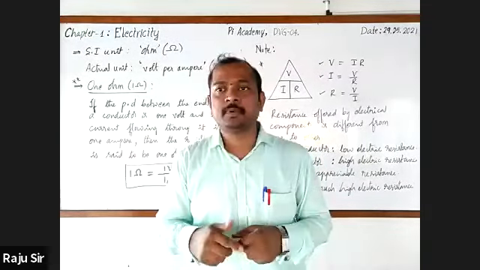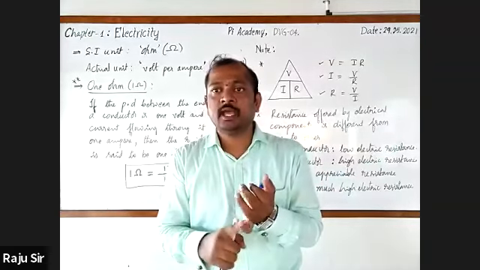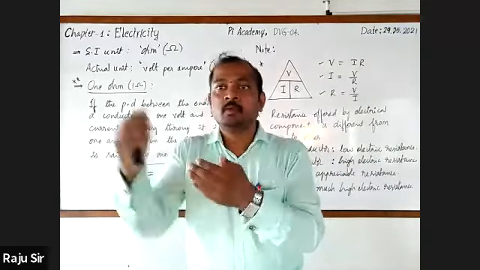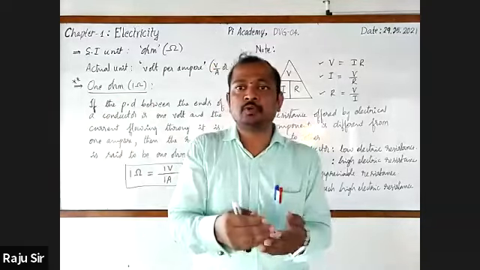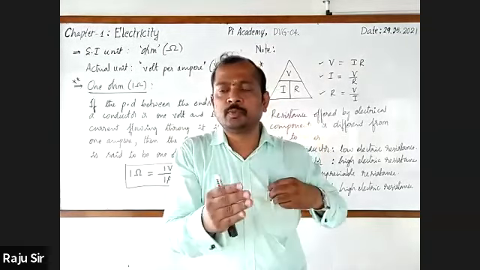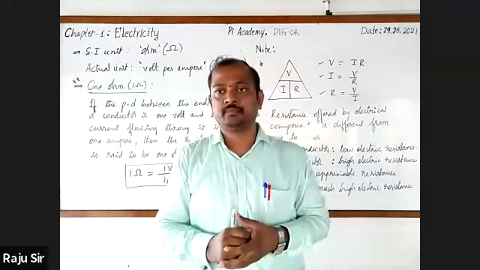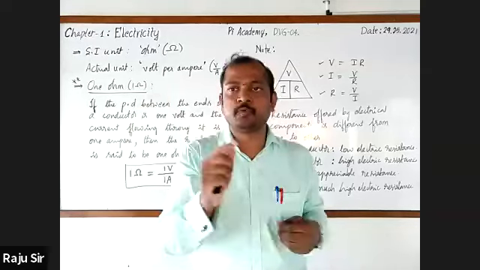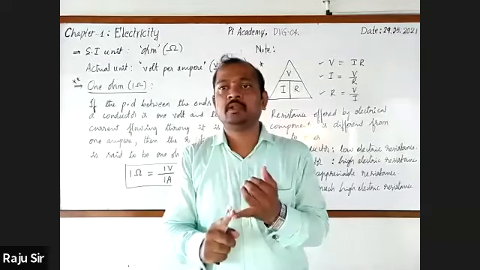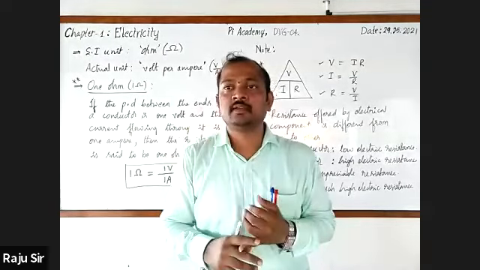One example is mercury. It can be made a superconductor when its temperature is brought to a very low temperature, that is 4.2 Kelvin. When the temperature of mercury is brought to 4.2 Kelvin, it acts as a superconductor.